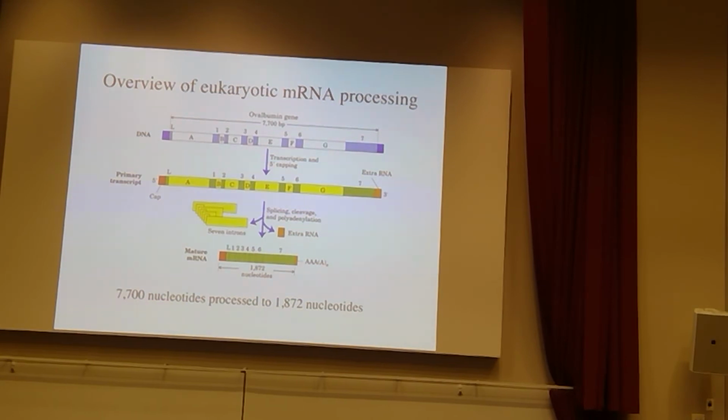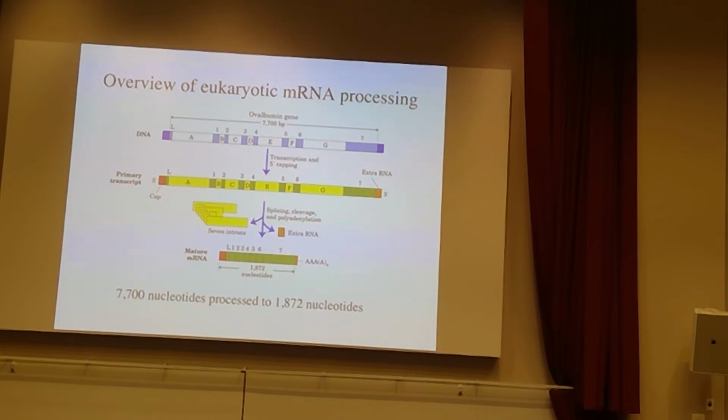The 5' cap is installed. Then splicing occurs, typically through those group 1 and group 2 intron splicing events. All the introns are cut out of that primary transcript. The additional RNA at the 3' end is removed by the nuclease.